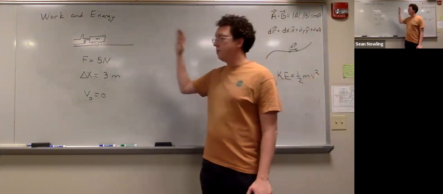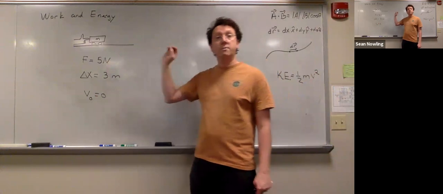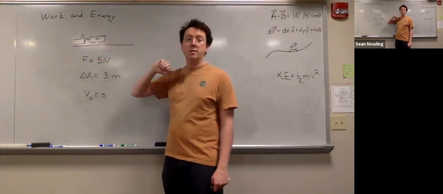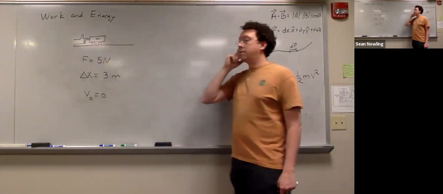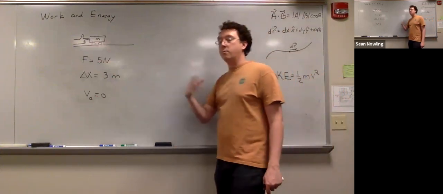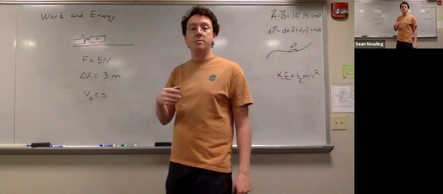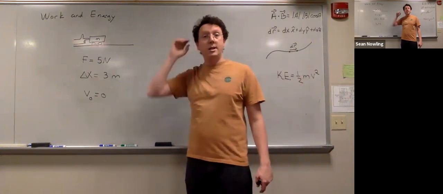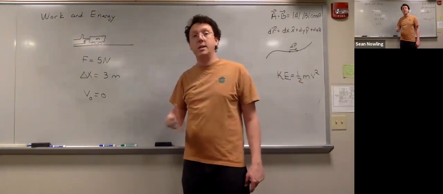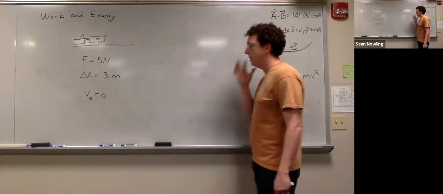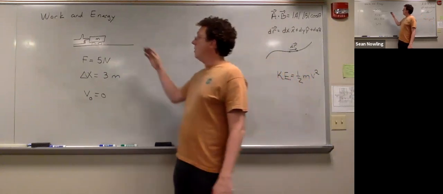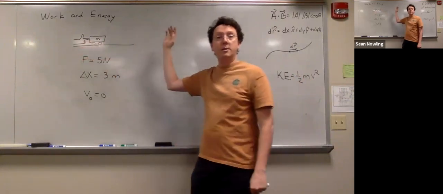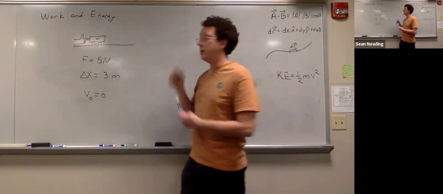So let's go through the process. To use conservation law, we first define the system. Well, in this case, the system is going to be the cart. Okay? And then we think about what is the quantity on the inside that we want to study how it changes. Well, in this case, we're going to talk about energy, and specifically, we're going to talk about kinetic energy, energy of motion. Okay? And we want to relate the change in the kinetic energy to the interactions with the outside universe, specifically the work being done.